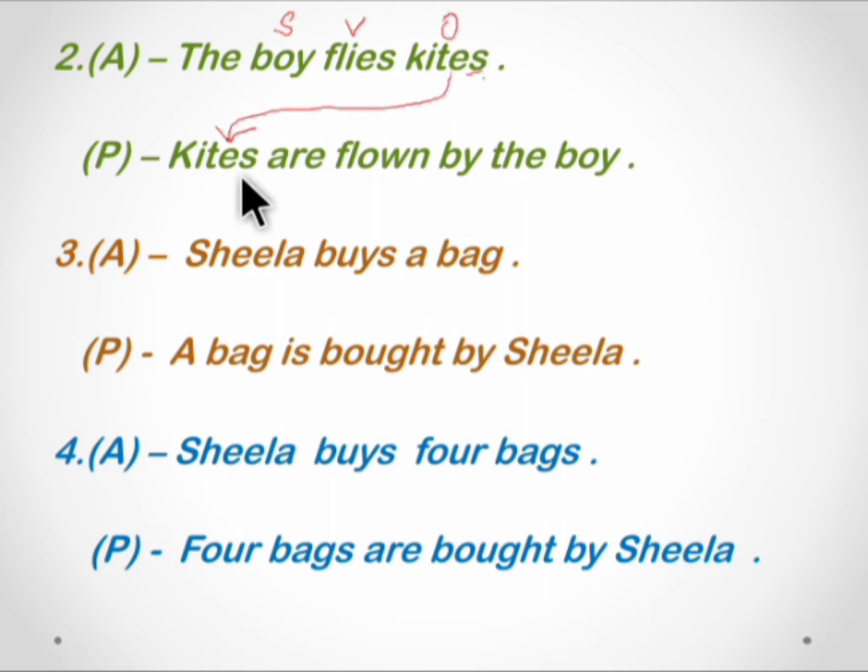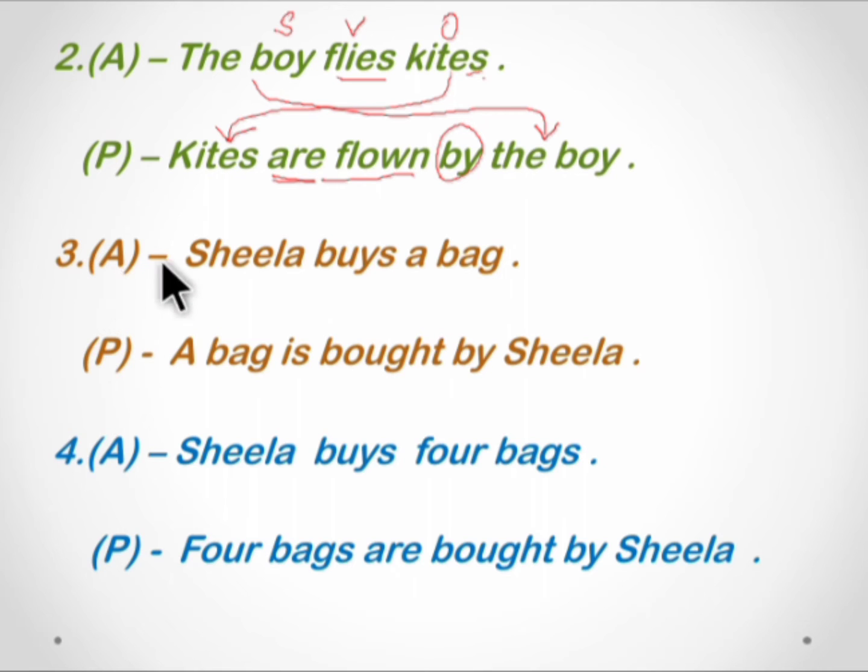Now kites is plural, so the plural be verb is are. The past participle of fly is flown. We use this by to denote the doer of the action, and the subject will become the object. The subject in the active voice will become the object in the passive voice, the boy. Kites are flown by the boy.